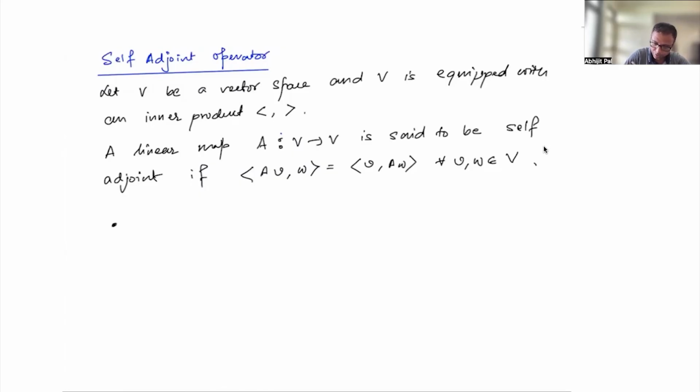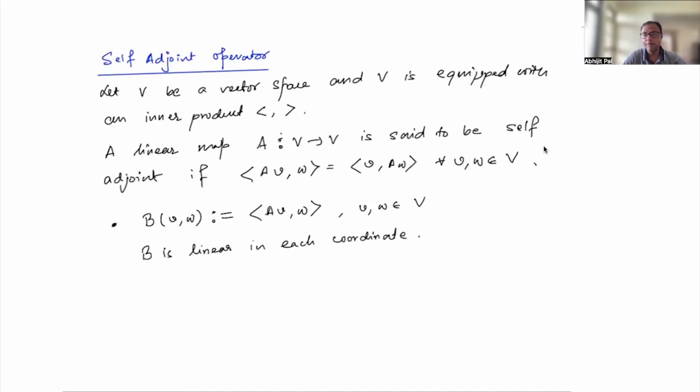Let us denote B(v, w) equal to the inner product of A v, w. So v, w belong to the vector space V. So B is linear in each coordinate.